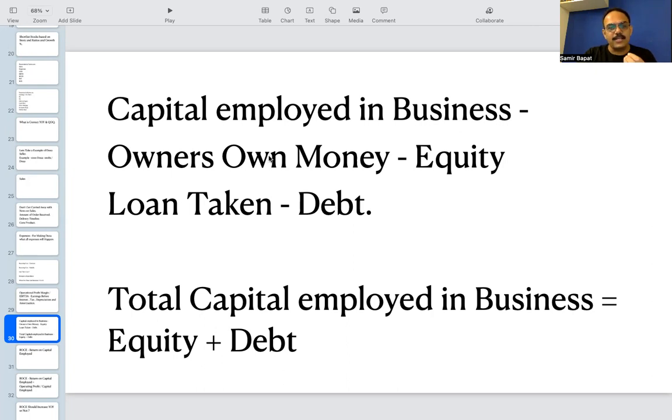When you buy an apartment, you bring your own money and take a loan from the bank. The total capital employed for buying any house is equity plus debt.